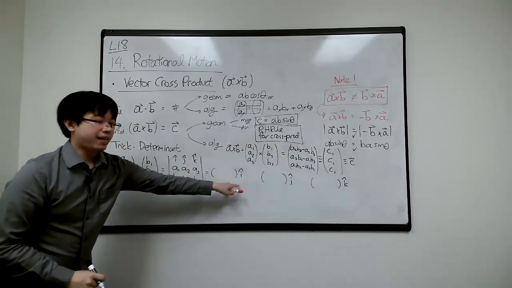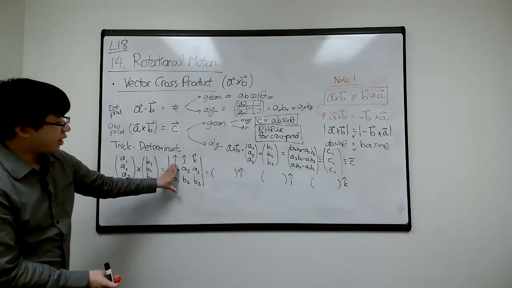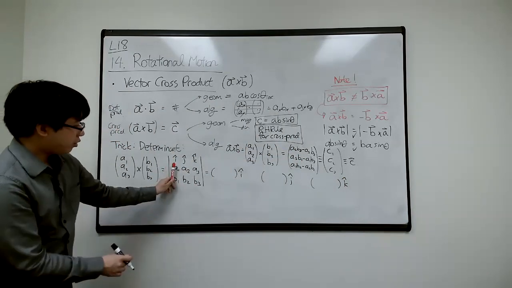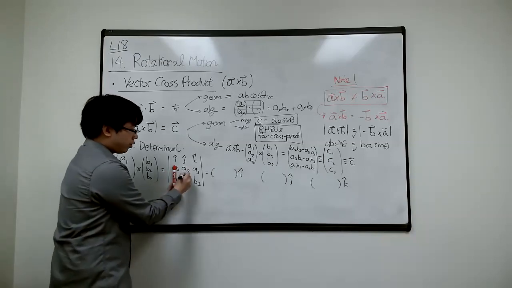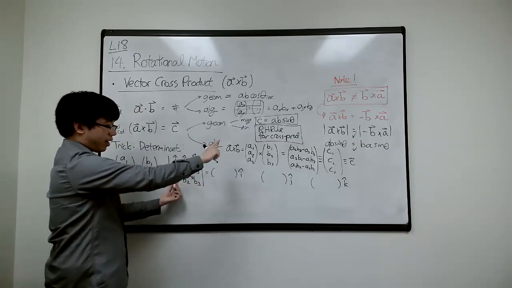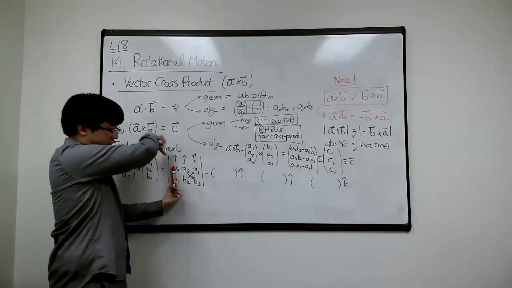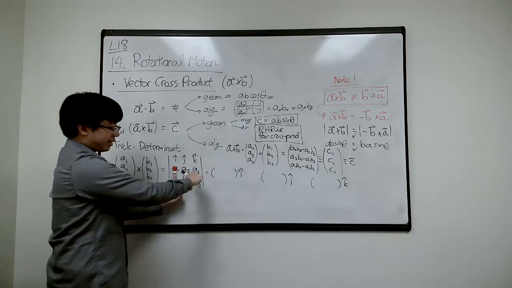When you solve for the i component, take your hand and cover up the i column over here. Now, what you are going to do is a cross this way and this way, from left to right, top to down. So go like this, like this.